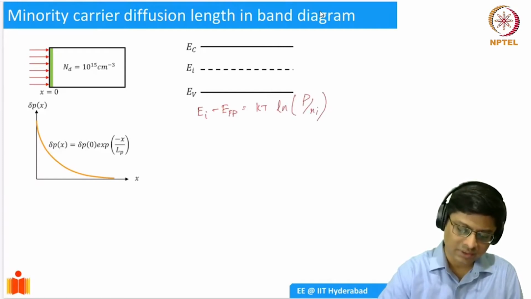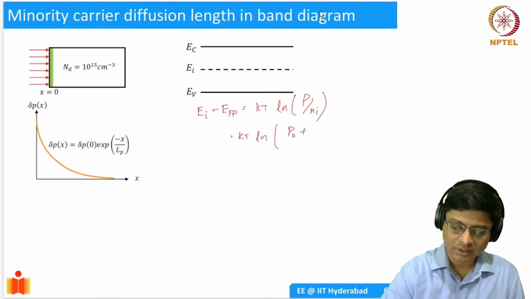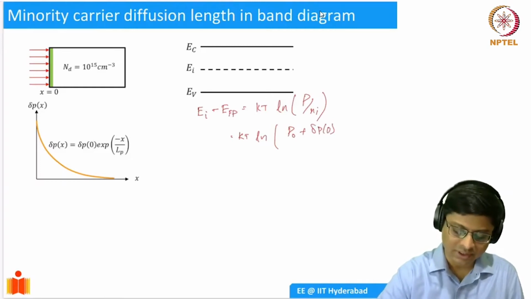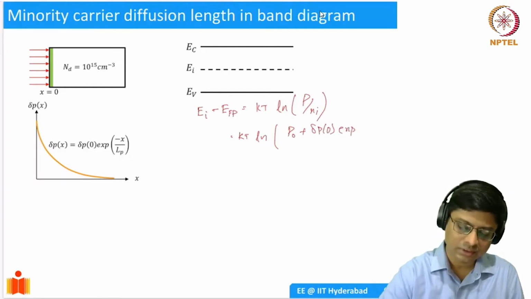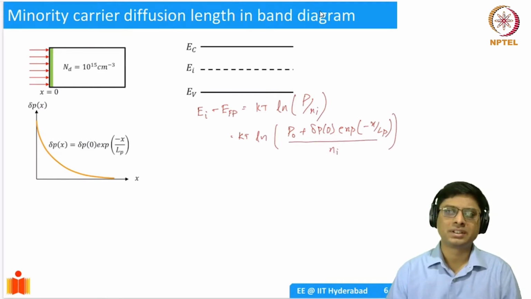That is going to be equal to KT ln of P naught plus delta P at x equal to 0, times exponential minus x by LP, divided by Ni.